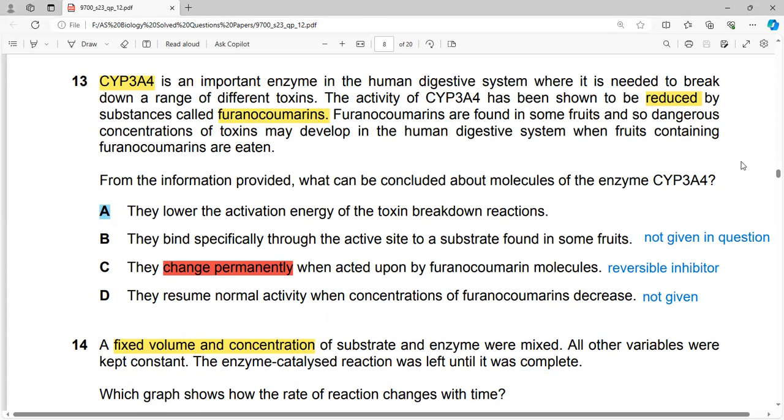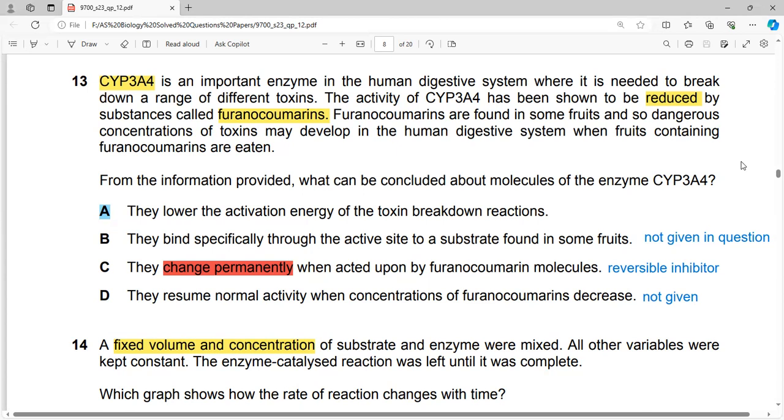Now the question: from the information provided, what can be concluded about the molecule of the enzyme? Simply, the examiner is asking what the function of the enzyme CYP3A4 is. That's a general question, but sometimes very simple questions are molded using different words to make them more complicated. So simply, what is the function of an enzyme? The function of an enzyme is to lower the activation energy of toxin breakdown reactions. For breaking down the toxin, activation energy is needed.